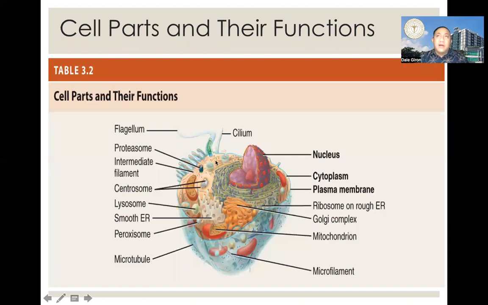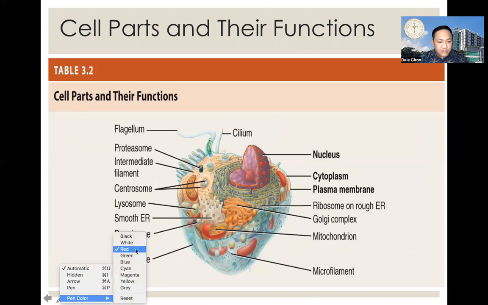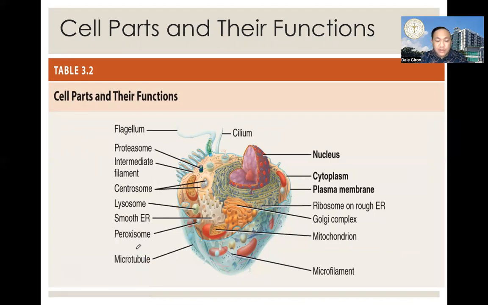Okay. Now, after understanding the plasma membrane, its function, and its transport of ions and molecules, let's go now to the cell parts and their functions. From this illustration, you've taken this up in your science subjects. We have the different organelles in our cell.